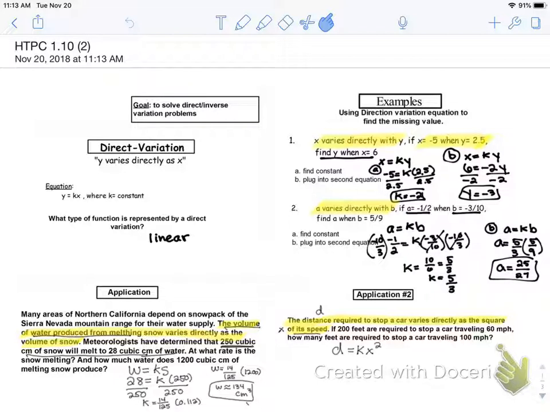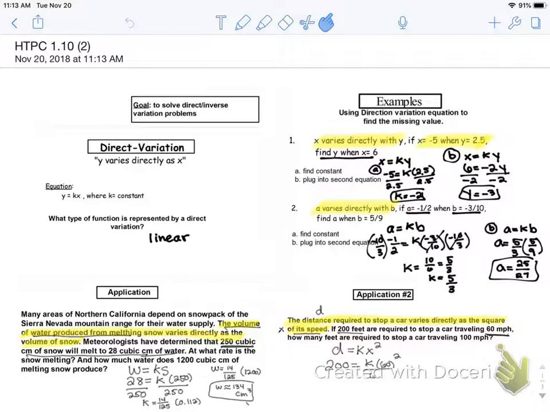So if 200 feet are required to stop a car traveling 60 miles per hour, how many feet are required to stop a car traveling 100 miles per hour? Okay, so let's use that first information. 200 feet are required to stop a car traveling 60 miles per hour. So I'm going to plug in 200 equals k times 60 squared.